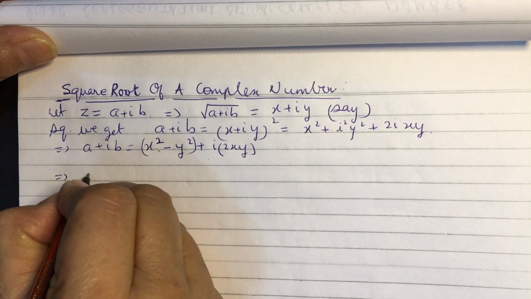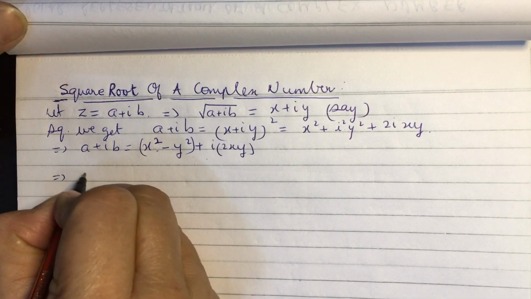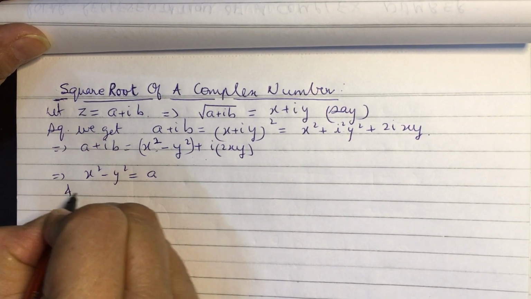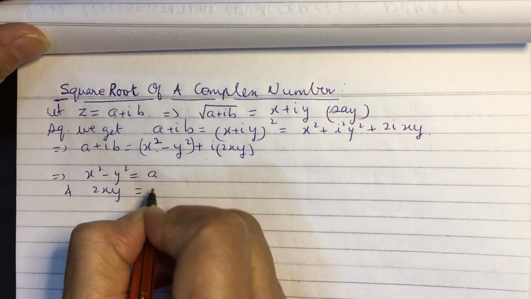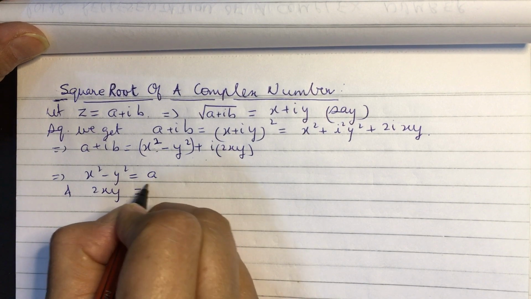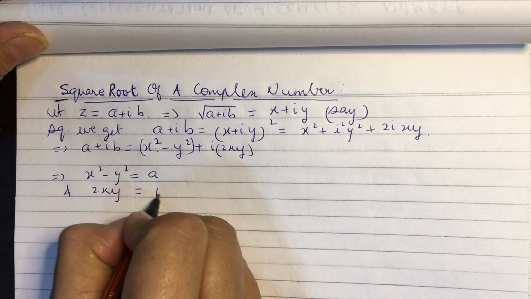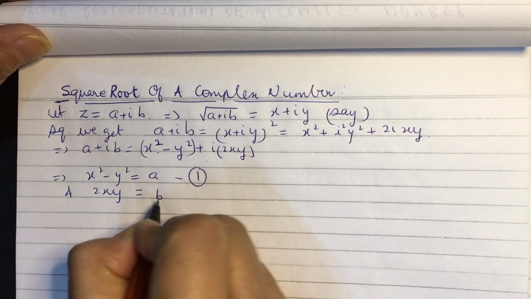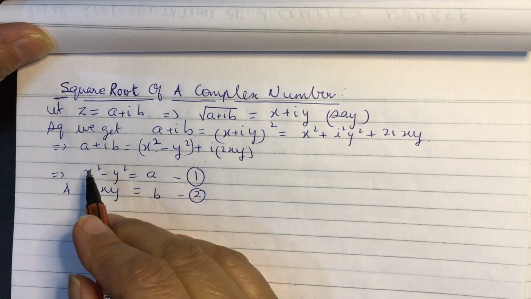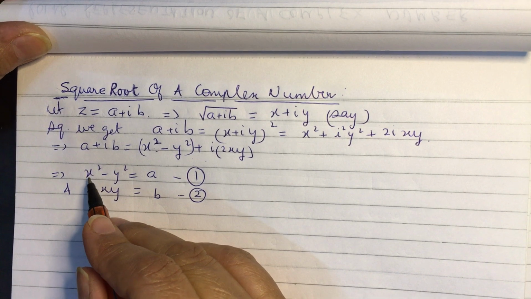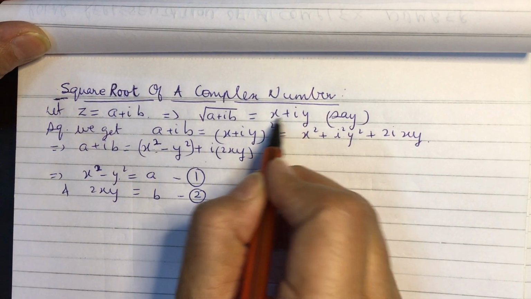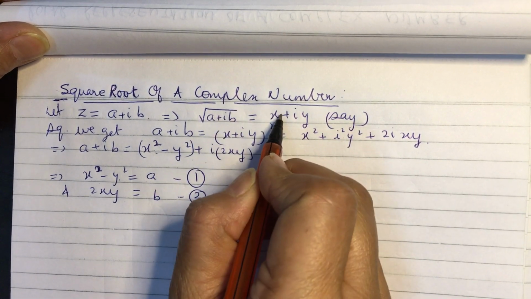So, this gives us x square minus y square equal to a and 2xy equal to b. Let's call it equation number 1 and equation number 2. We need to solve for the value of x and y to be able to get the required square root.